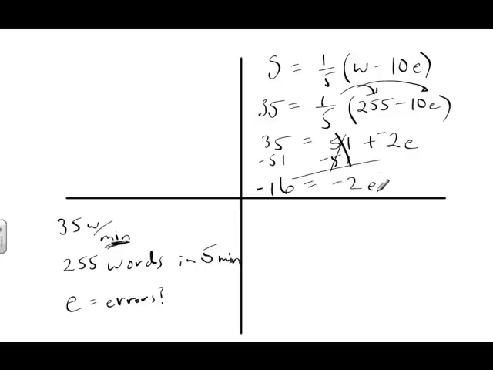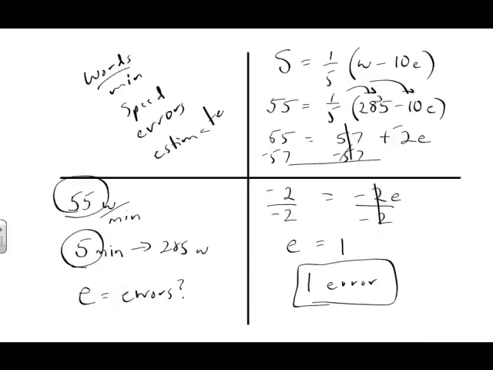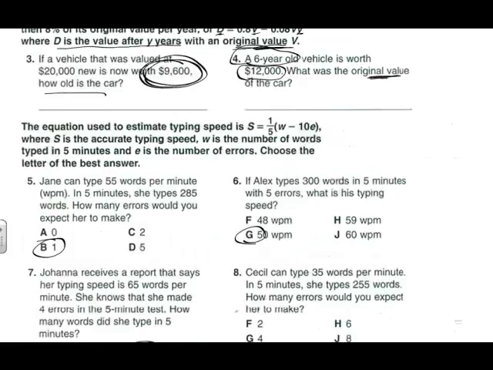Because negative 2E. Okay, opposite of the operation. Negative 2. And E equals positive 8. 8 errors. Does that make sense? Sure it does. More than reasonable. Especially since it's multiple choice. And that's one of our answers.